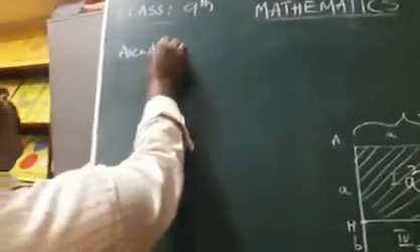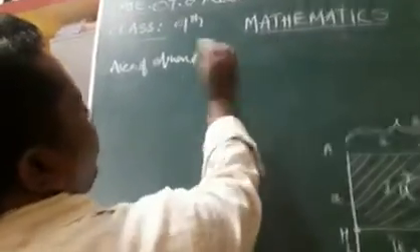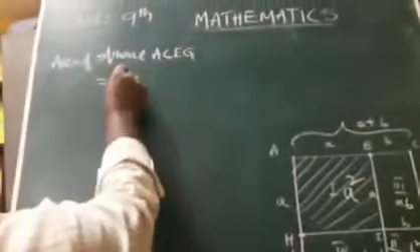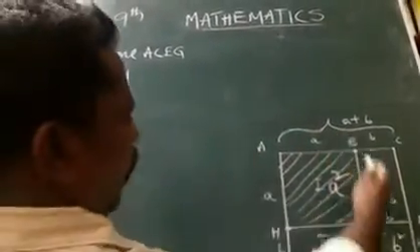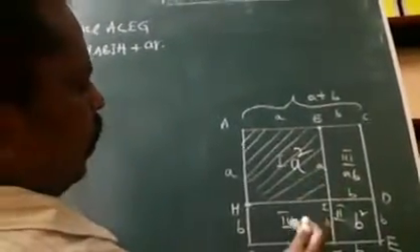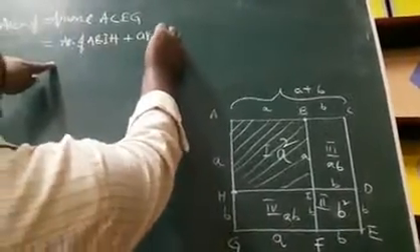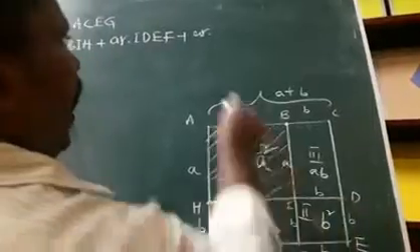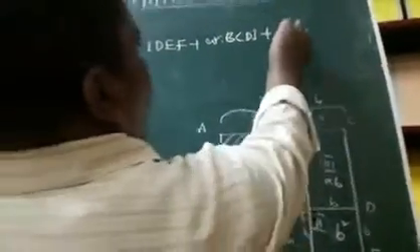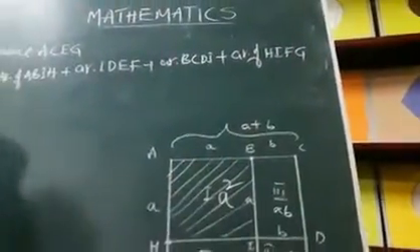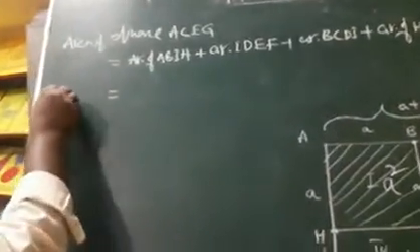Okay children, see, area of square ACEG is equal to area of ABIH plus area of IDEF plus area of BCDI plus area of HIFG, which is equal to A plus B whole square.